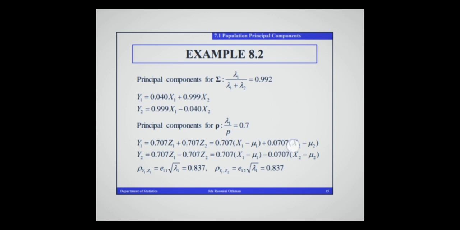Okay, it is correct now. Because the value here should be 0.7, right? It is divided by 10, so you will get 0.0707. So it goes with the second principal component. For Z1 you replace with X1 minus mu1 divided by 1. Okay, for Z2 you replace with X2 minus mu2 divided by 10, which is the square root of 100.